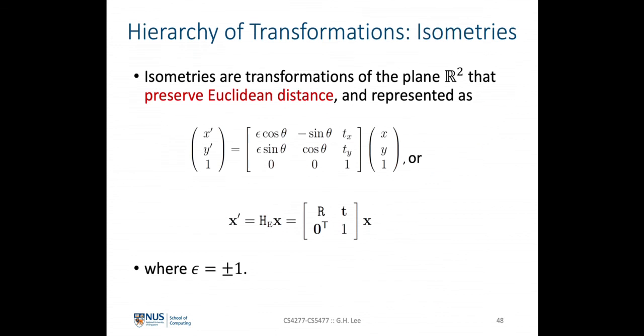Now, after looking at the definition of the homography, which defines the projective transformations of points, lines, and conics in the projective space, let's look at the hierarchy of transformations. The first level in the hierarchy of transformations is what we call isometries. Isometries are transformations of the plane in R2 space that preserve Euclidean distance.